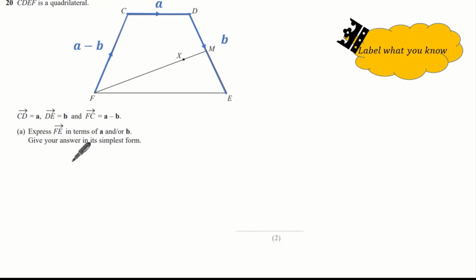Now for me to work out the vector FE, I'm going to sum the vector F to C, add the vector C to D, add the vector D to E. Well, we know F to C is given by A minus B, add the vector C to D is given by the vector A, and the vector D to E is given by the vector B. So therefore, simplifying our expression gives me the vector F to E to be 2A.